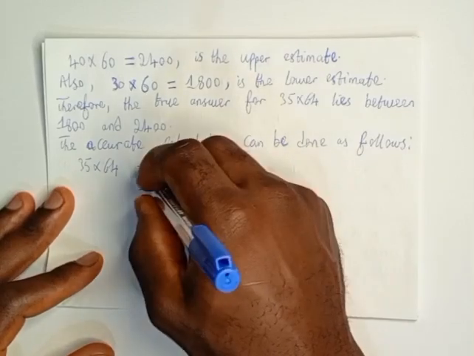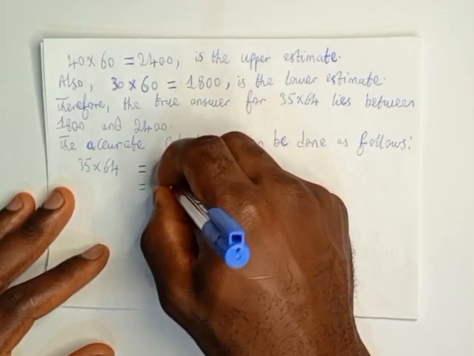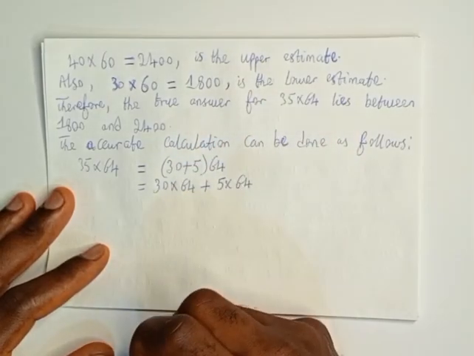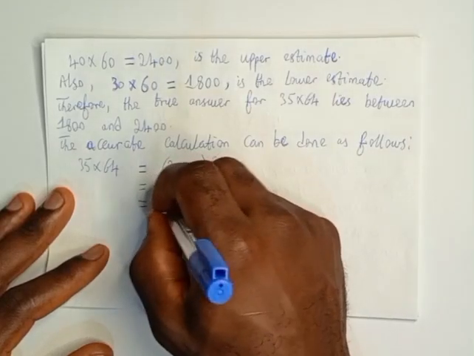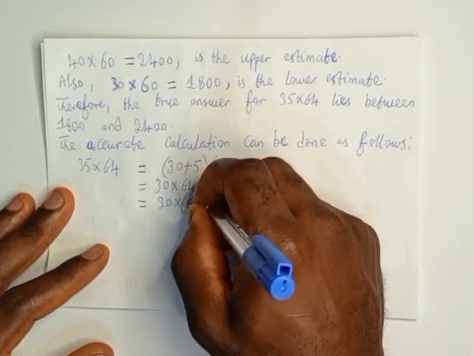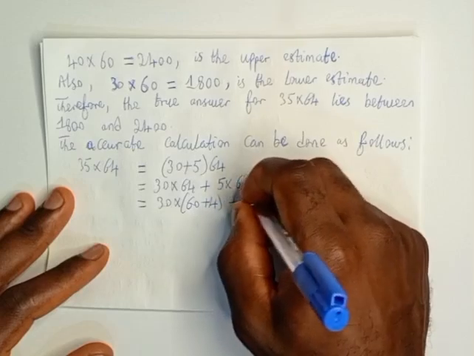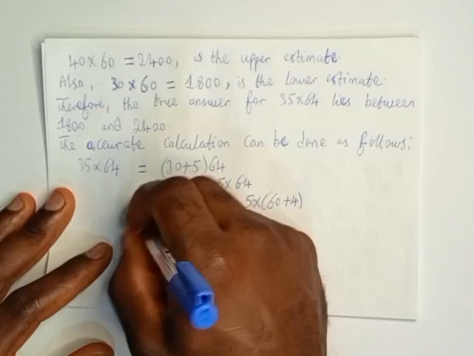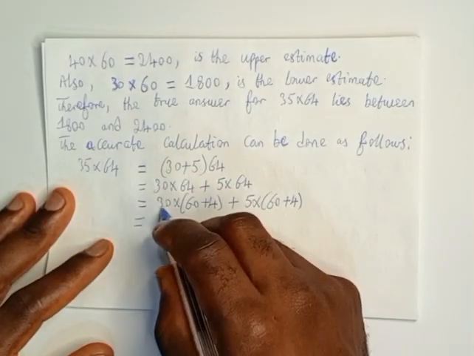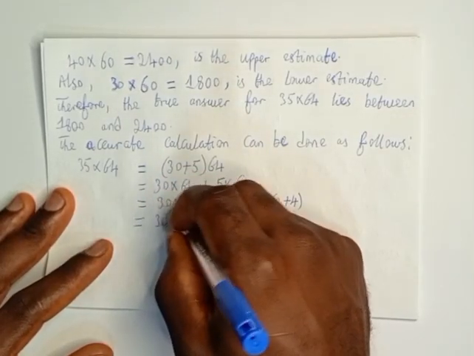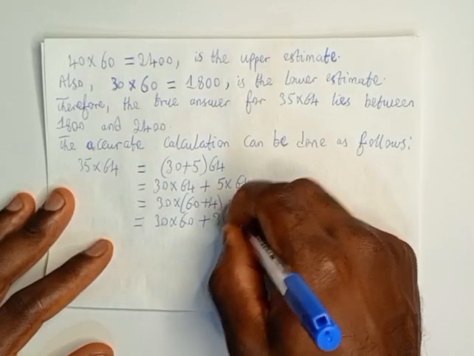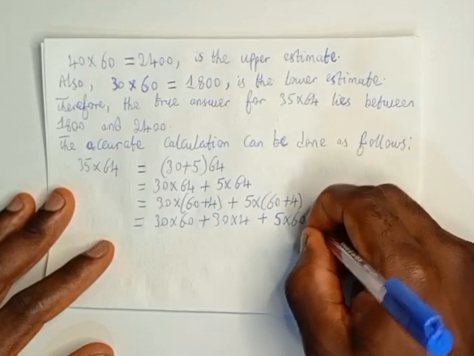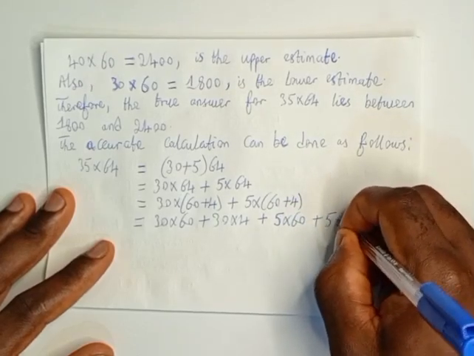30 times 64 plus 5 times 64. Next, we can express 64 as 60 plus 4 plus 5 times 60 plus 4. This will simply be equal to, applying the distributive property again, 30 times 60 plus 30 times 4 plus 5 times 60 plus 5 times 4.